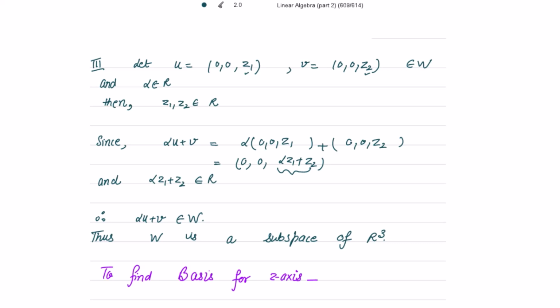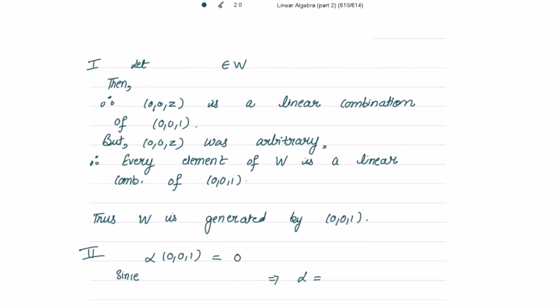Now I have to find the basis for the z-axis. For that, I need to take one element from W first. So let me take (0, 0, z) from this W. Then this (0, 0, z) can be written as, I need to have the linear combination for this, right?